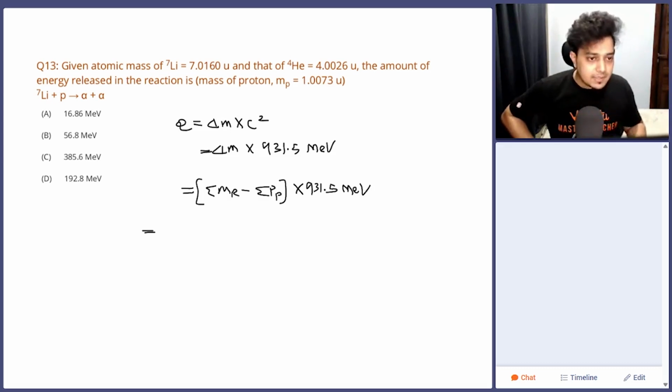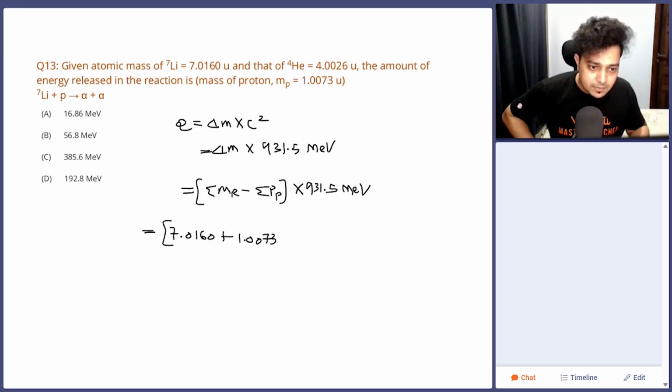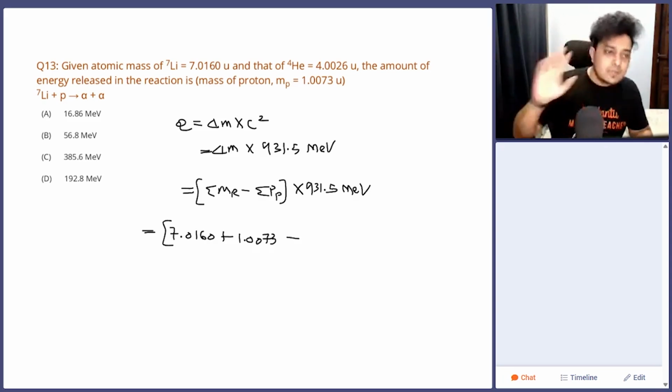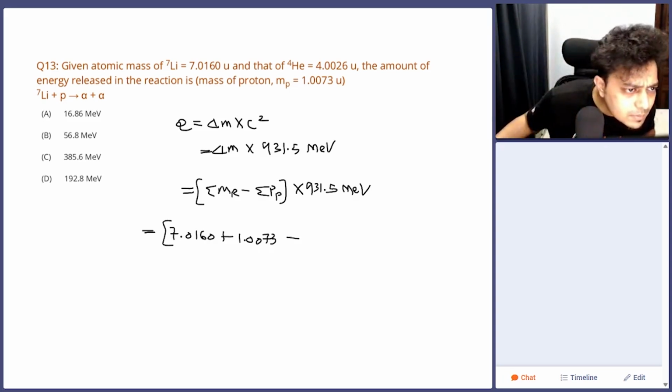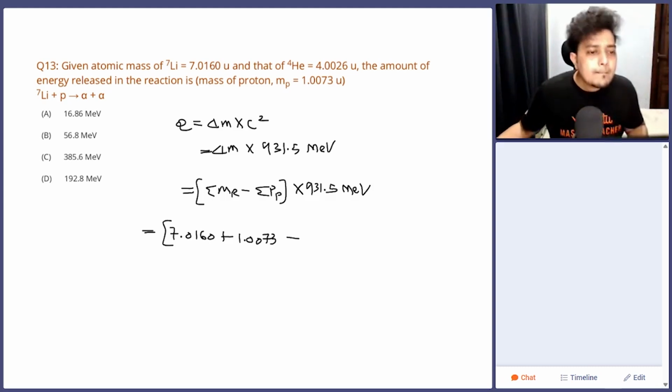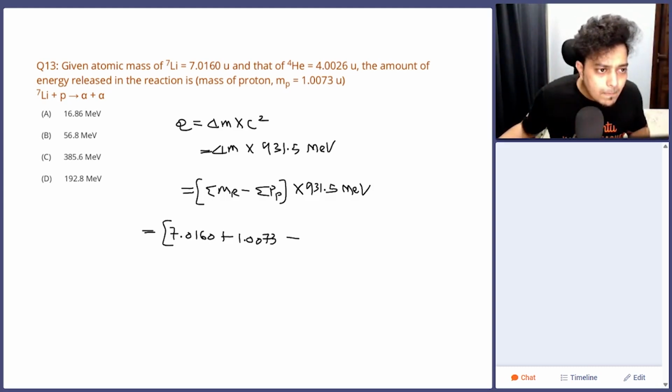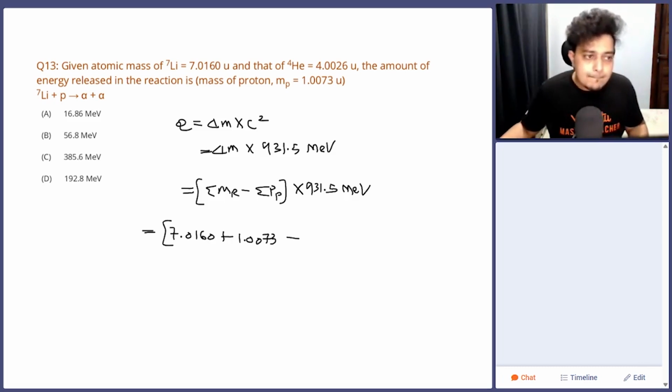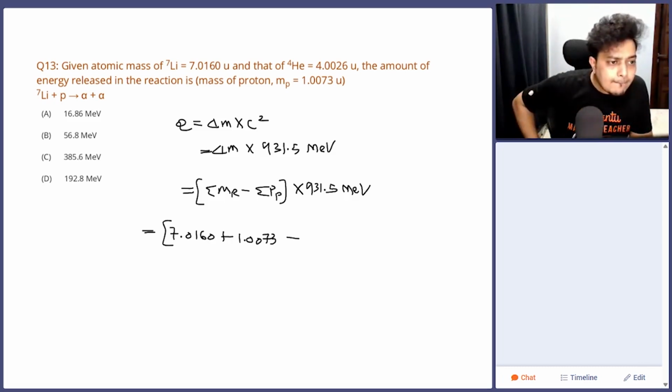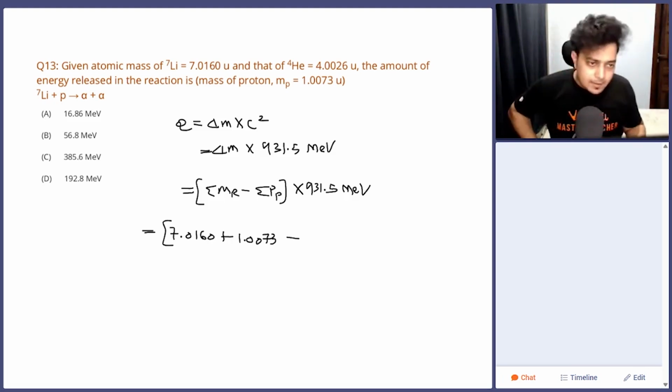So the mass of reactants will be lithium, which is 7.0160, and 1 proton. The proton's mass is 1.0073. Minus the products: is it only 1 alpha particle or 2 alpha particles? The product is 2 alpha particles. So 2 into the mass of the helium nucleus.